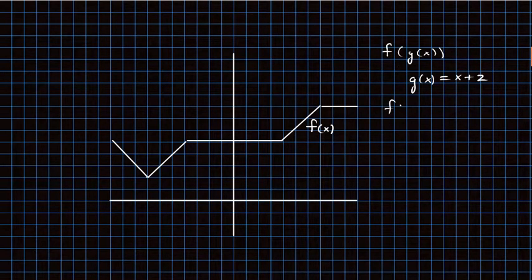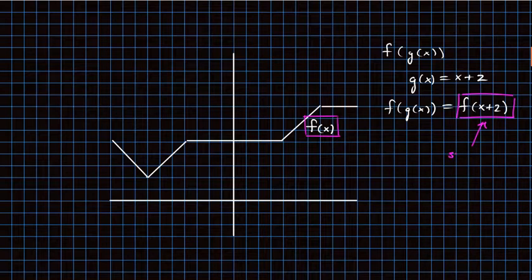Then f of g of x is simply f of x plus 2. Okay, so again, the question is, what is the graph of this, knowing what the graph of this is? Well, in this case, what happens is we shift.